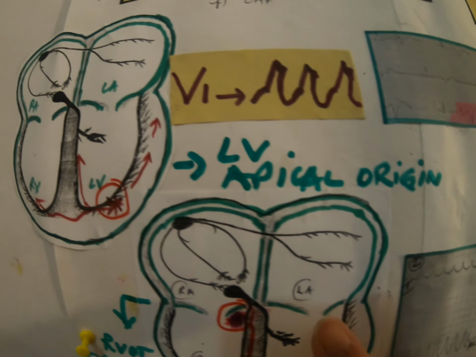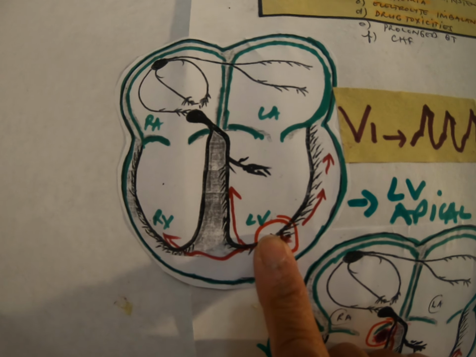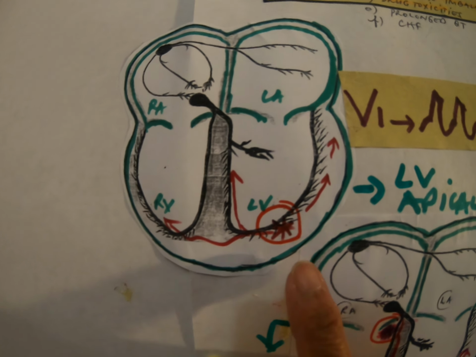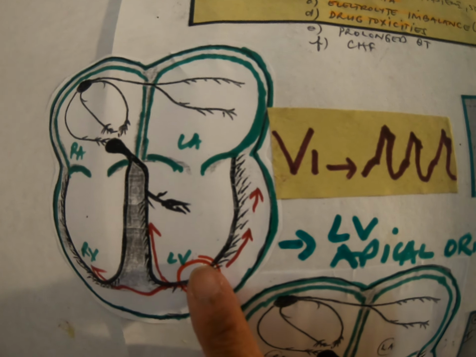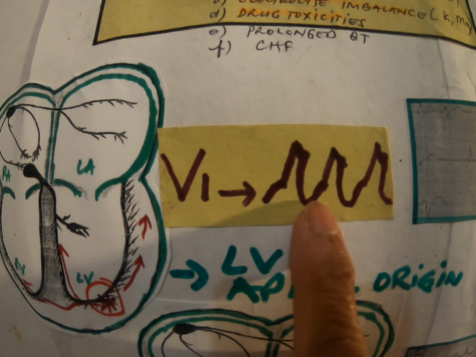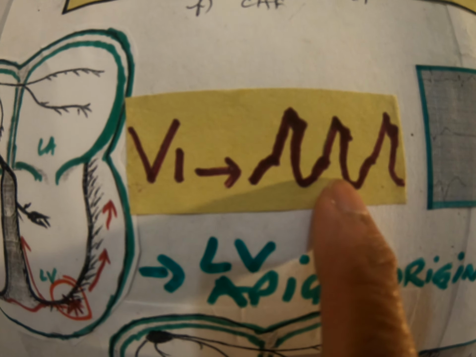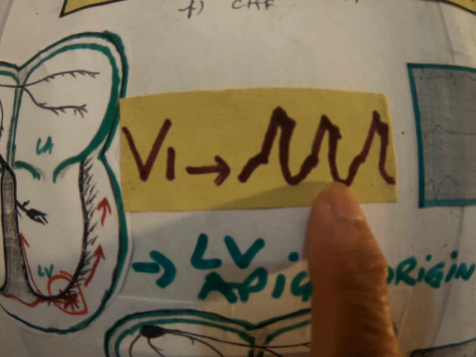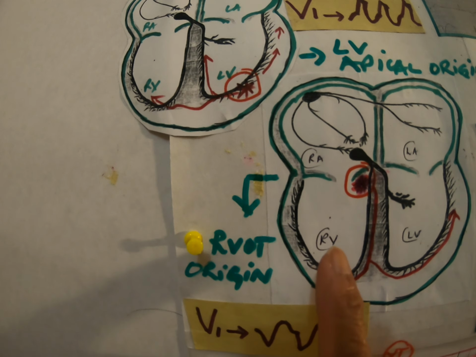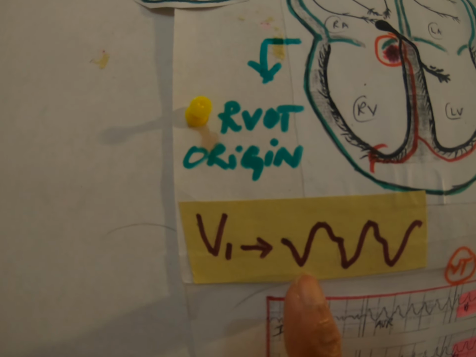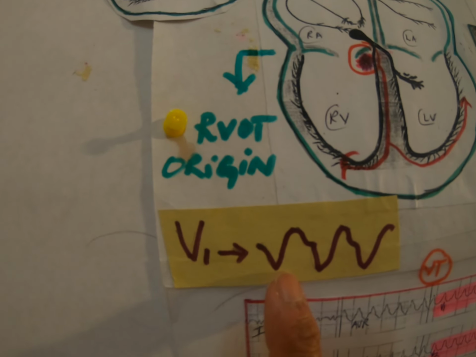If your VTAC is coming from the apical or the left ventricle, you expect a right bundle. So V1 will show you a right bundle branch block pattern. If your VTAC is coming from the right ventricle, you expect a V1 with a left bundle branch block pattern.